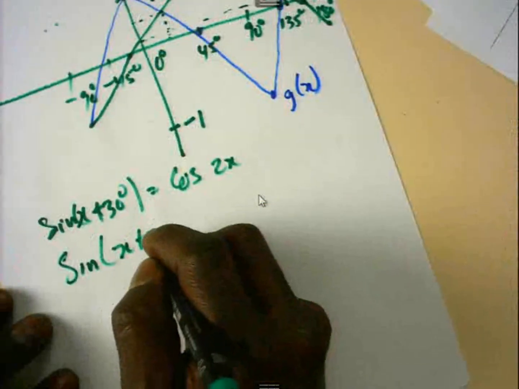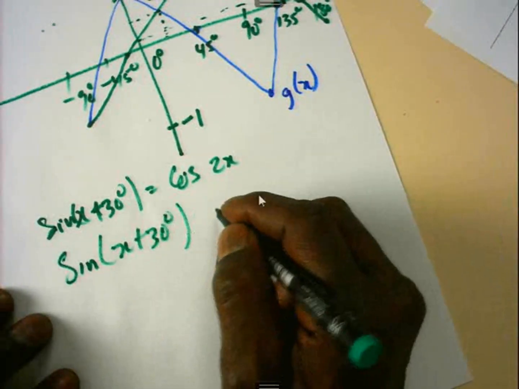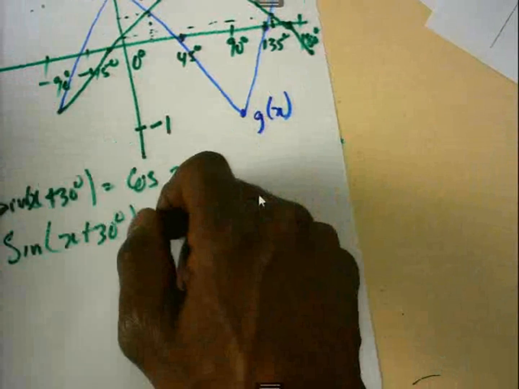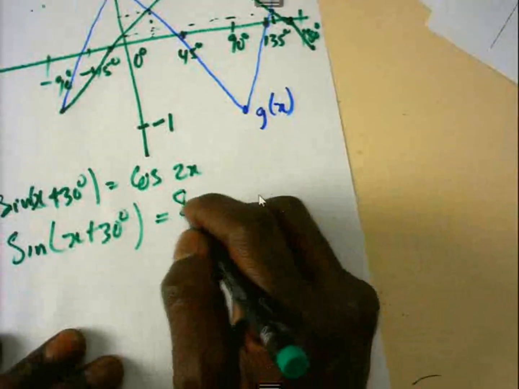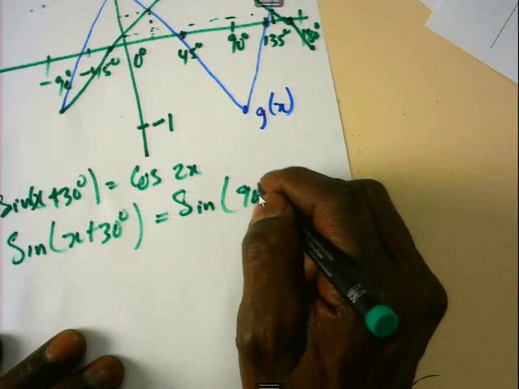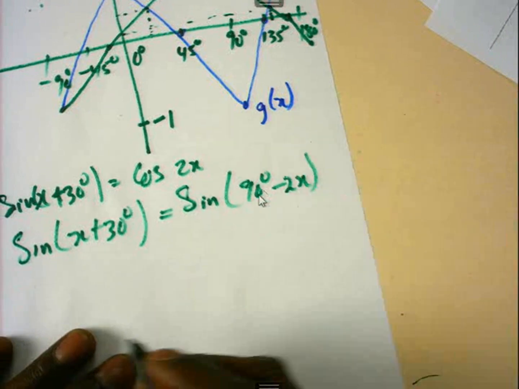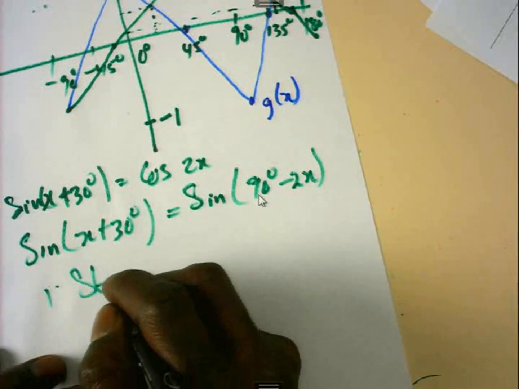We are going to rewrite this sine as sine of x plus 30 degrees, and cosine, we just rewrite it as sine of 90 degrees minus 2x. Now we are going to follow the same steps.